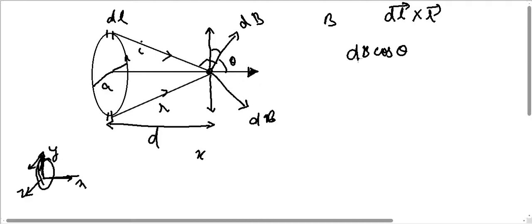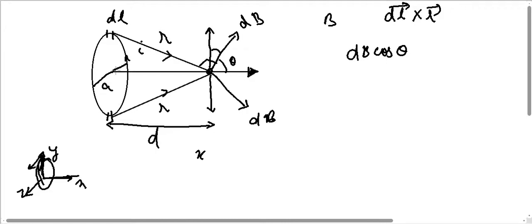So if we add this component of magnetic field for all the small elements, I will get the total magnetic field at this point because of this wire. So just let us substitute. We know from Biot-Savart law what will be the small dB.